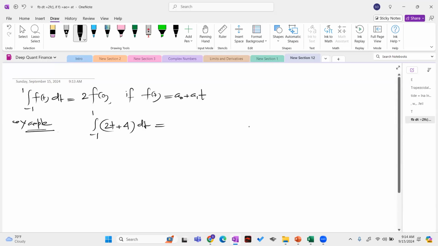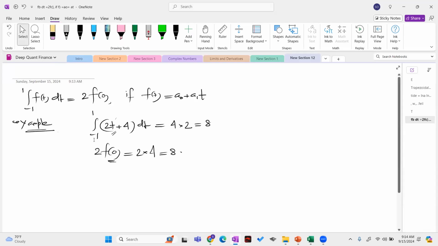What is the integration of this? Remember, the odd part will vanish, right? So we only have the even part. 4 times 2, which is 8. This is the integral. Let's apply our shortcut 2f0. 2 times the value of the function at 0, which is 4. Matches? Exactly matches.